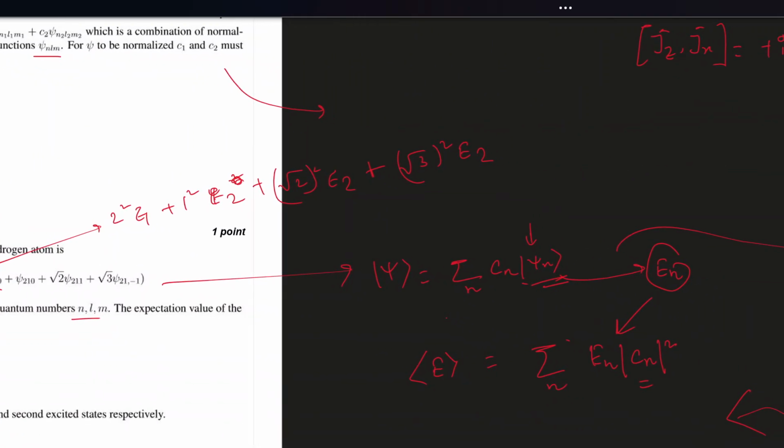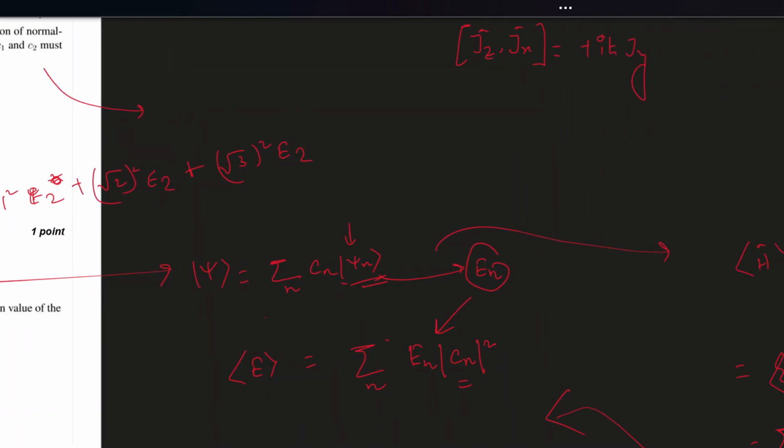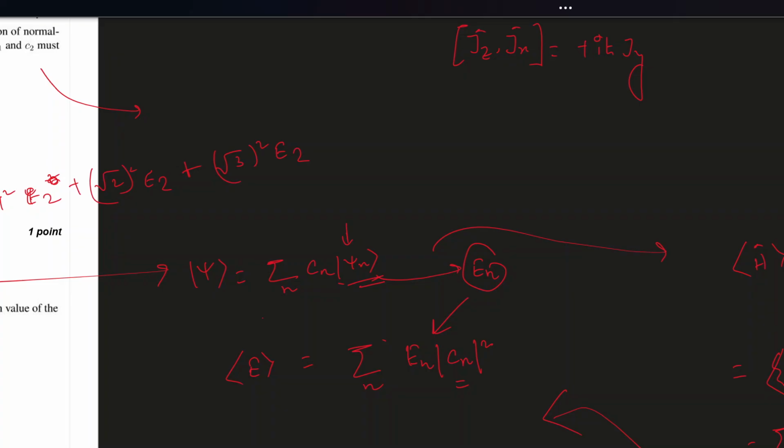So what you get is 2 squared E1 plus 1 squared E2 plus root 2 squared E2 plus root 3 squared E2.